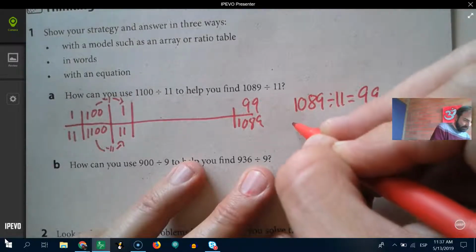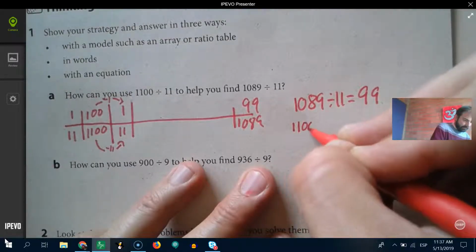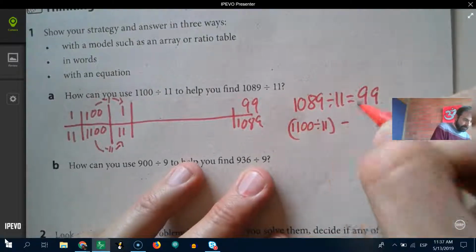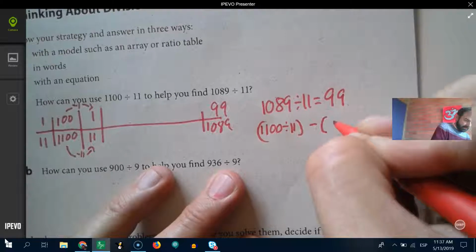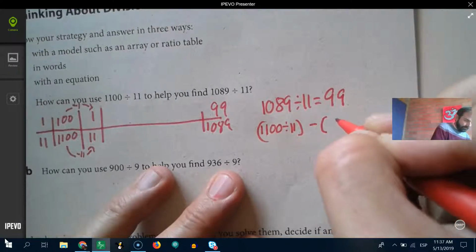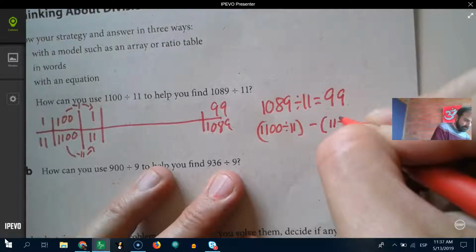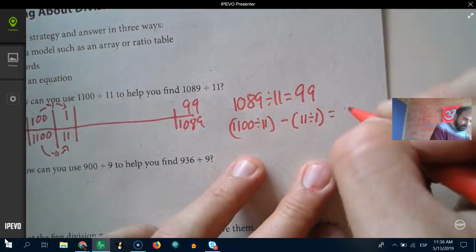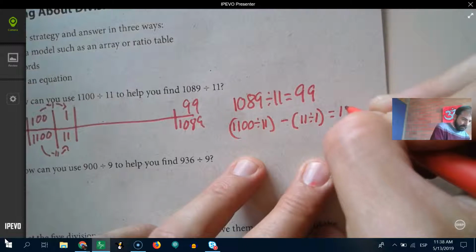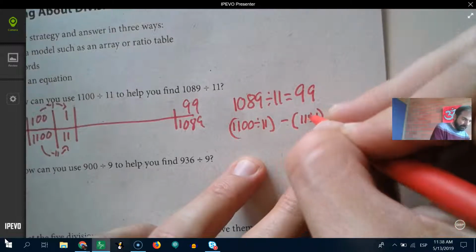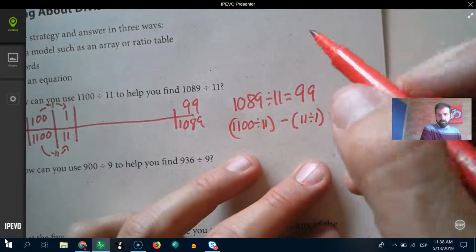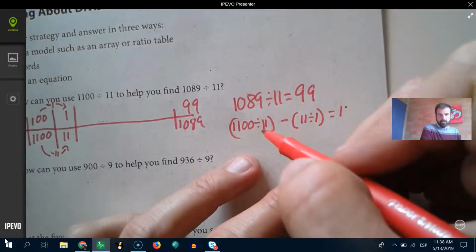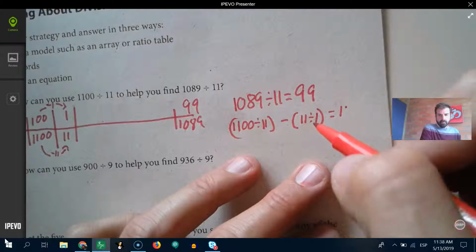Another one that we could probably have to help us out would be something like, let's see, 1,100 divided by 11 minus 11 divided by 1 equals... no, sorry. Well, what do we do? We did 1,100 divided by 11 is 100, and then we subtracted one group of 11.